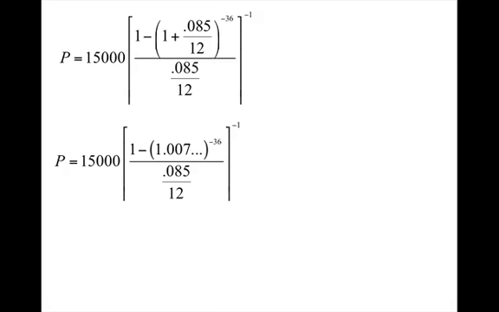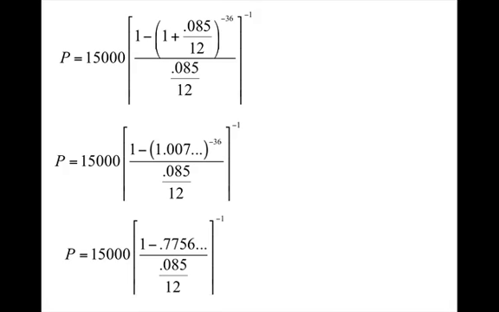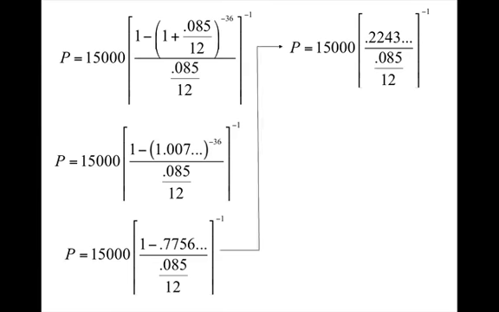So looking at this on paper, the 1 plus 0.085 divided by 12 gave me 1.007. When I raised that to the negative 36 power, I got 0.7756. Then I made that negative and added 1, and I got 0.2243. Then I divided that by, and you have to put this in a parenthesis, the 0.085 divided by 12, and that gave me 31.678.